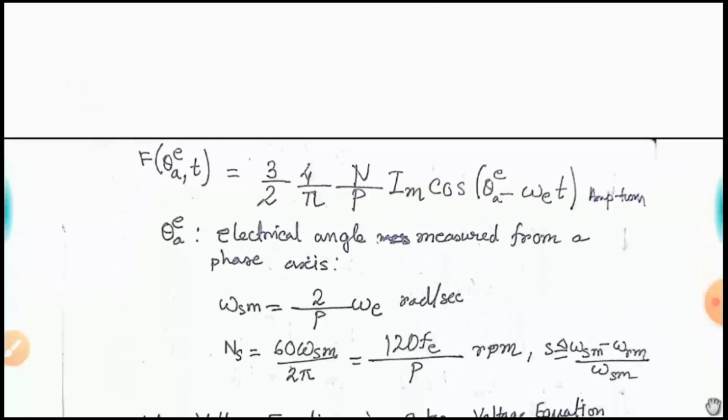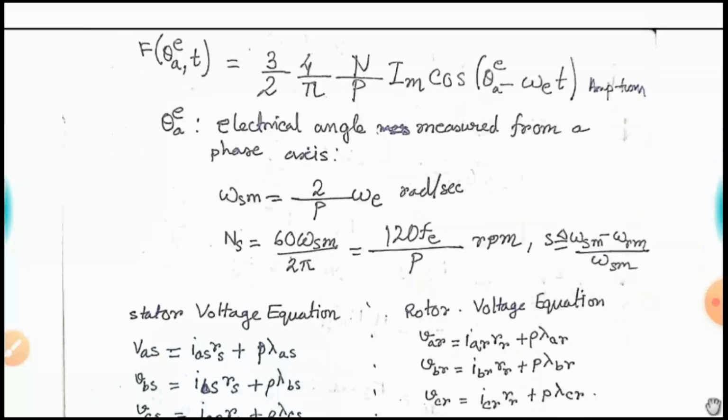We know that in the case of a symmetrical, balanced induction motor, that is, the windings are healthy and evenly designed, all the winding parameters of all the three phases are identical, and you apply a balanced voltage across that winding.